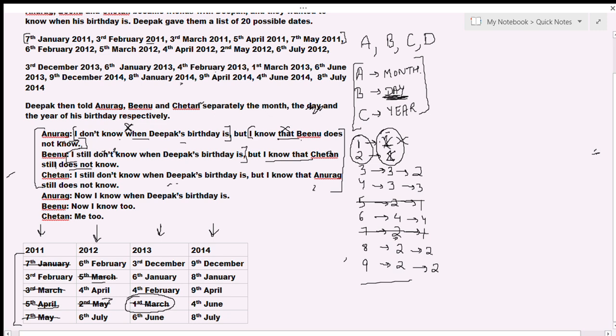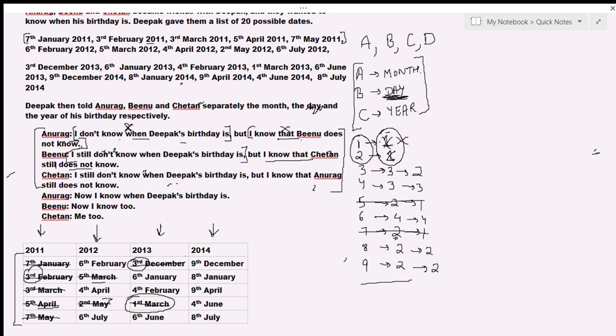But how is he sure that Chetan is not getting 2011? Because Binu knows days, which means Binu must not have got the date of 3rd. So now we'll eliminate the date 3rd. See, date 3rd not only appears here but also here, so we'll eliminate both these dates. Why am I removing both the dates 3? If Binu has been given date 3rd, he might be thinking that the birthday could be either in 2011 or 2013.